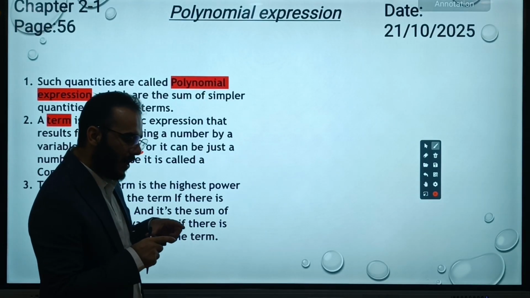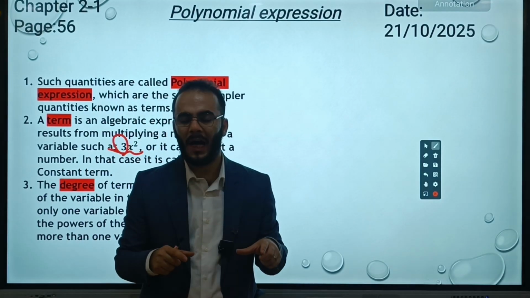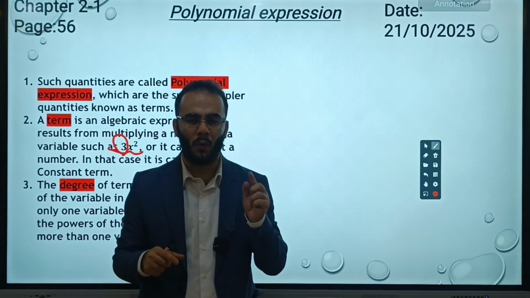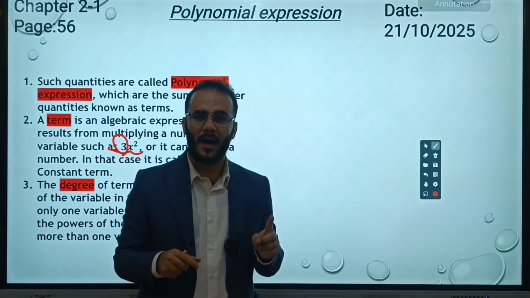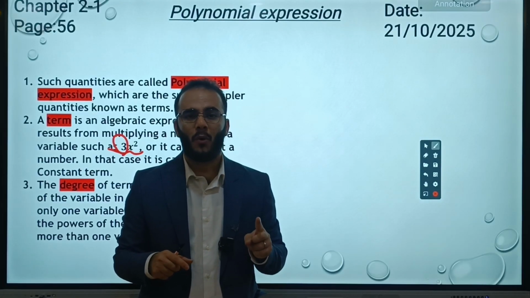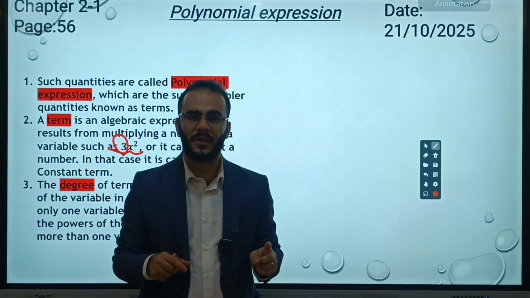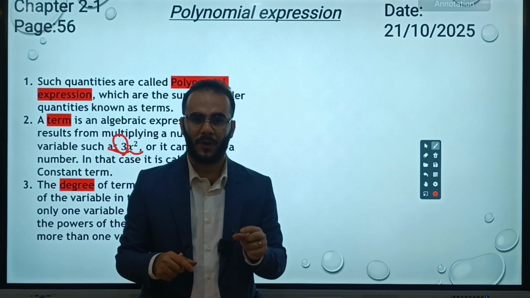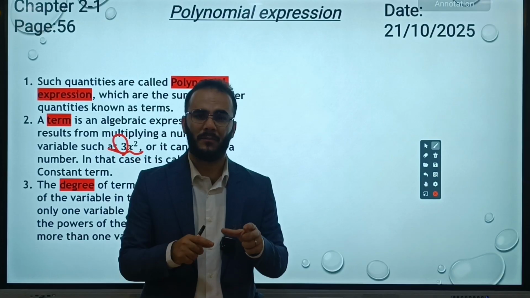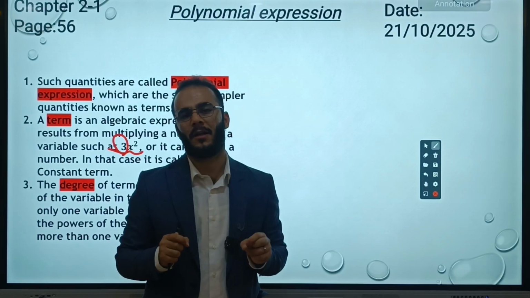So when we have a polynomial with only one variable, in order to find the degree, we look for the highest exponent. The highest exponent in any term becomes the degree of that polynomial.